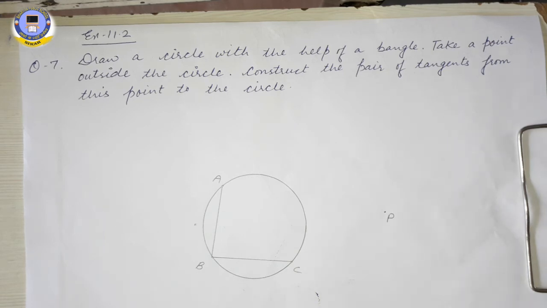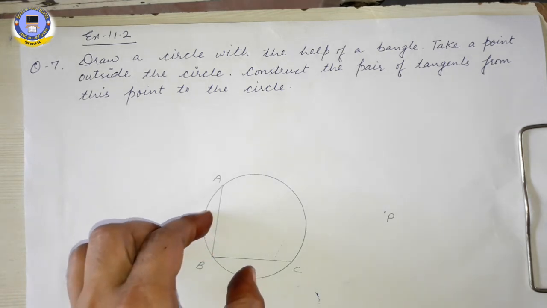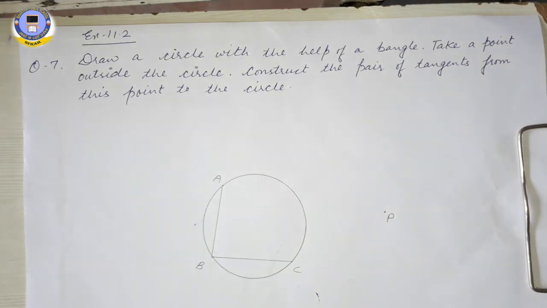Now, what was the concept? How to find the center of a circle? We need to draw the perpendicular bisector of both the chords. The point where the perpendicular bisectors of both the chords intersect, that point will be the center. Do you remember this 9th class concept?